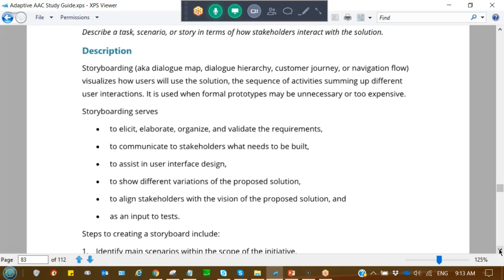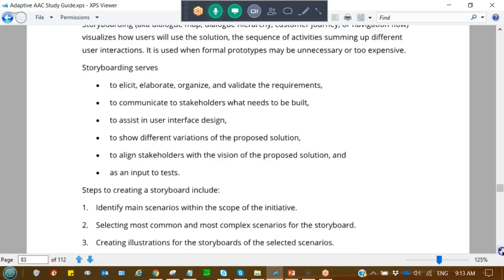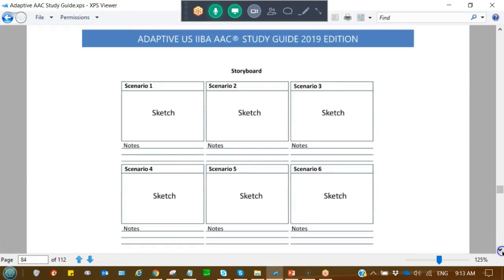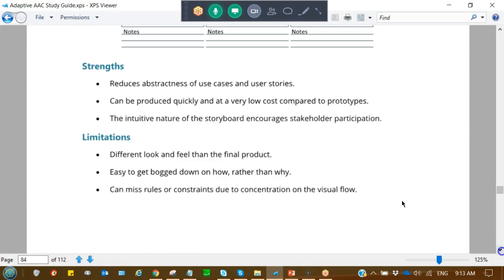It's really a higher level technique to get a rough picture of what you're trying to do. Strengths and limitations. It gives you a picture, and gives people something visual to work with. Visual presentations are good things.